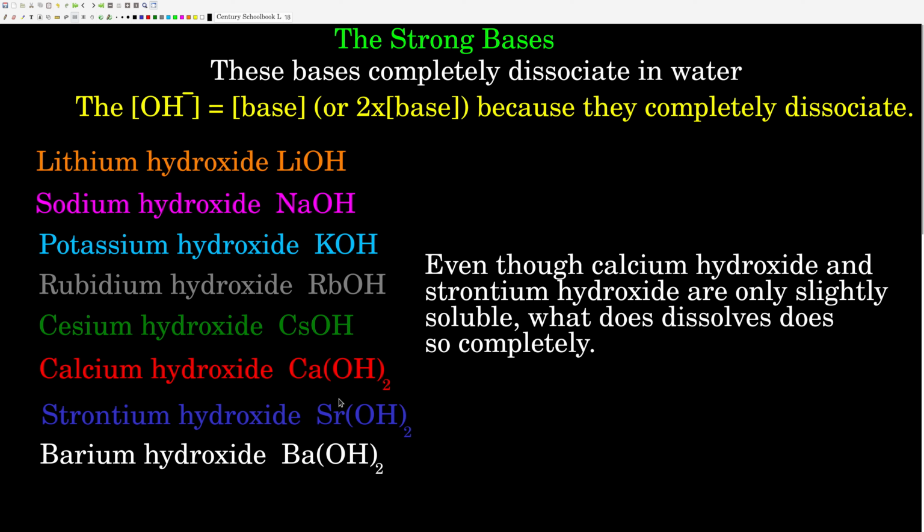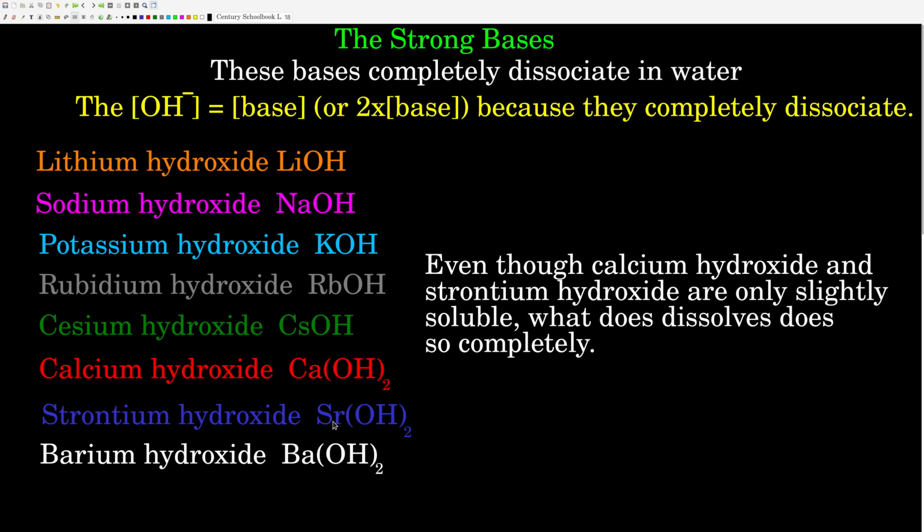Now, calcium hydroxide and strontium hydroxide, if you go back and look at your solubility rules from Chem 101, you'll see they are listed as slightly soluble. But the thing is, guys, even though not very much of either of these compounds will dissolve in a given amount of water, whatever does dissolve stays completely dissociated. That's what makes it a strong base.